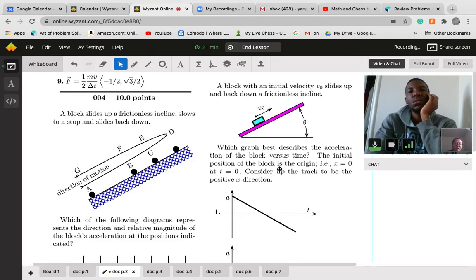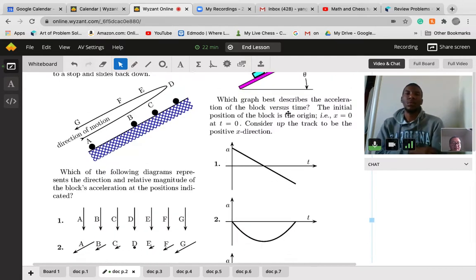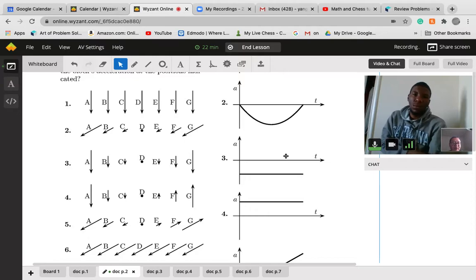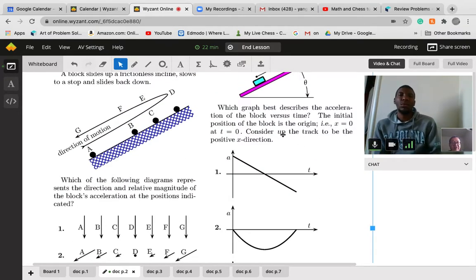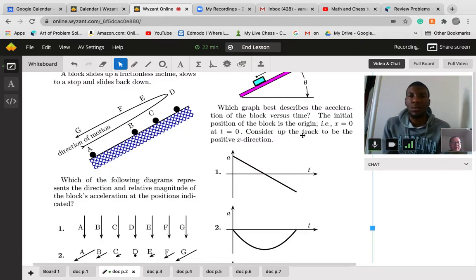From the previous problem, number 4, we already know the acceleration of this block will be the same along the surface of the incline, going down, right? And it also stays constant. So then you see which one will be the answer. They tell you going up will be positive, right? So consider up the track to be the positive x direction.